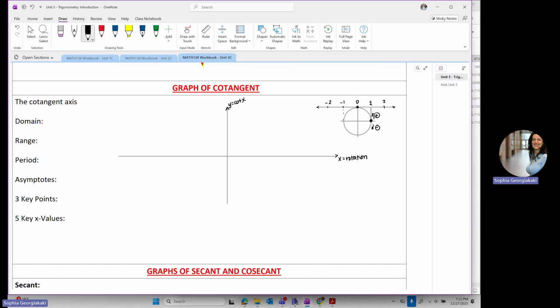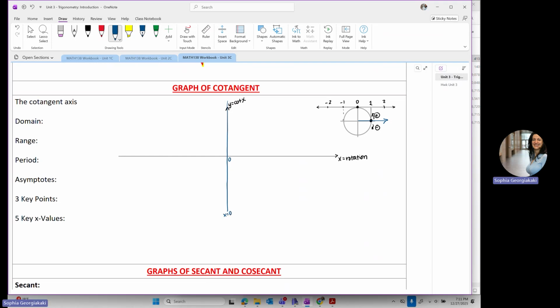And for every one of those rotations, I will be measuring the point of intersection between the terminal side of my rotation and the cotangent axis, and then its distance from the 0 of the cotangent axis. Now, when I am at 0 degrees, the terminal side of 0 degrees actually does not intersect the cotangent axis, and therefore I have an asymptote there. The cotangent of 0 degrees is undefined. So this is an asymptote at x equal to 0.